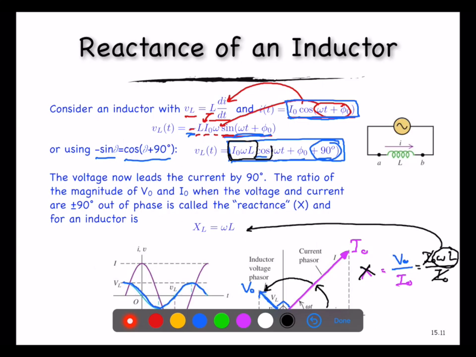So an inductor, we say, has a reactance of omega L, and reactance is a little bit like resistance. We say V equals IR for resistance, and now we can generalize that to say the magnitude of an alternating voltage is related to the magnitude of the alternating current times reactance. Okay, so it obeys a very similar expression.